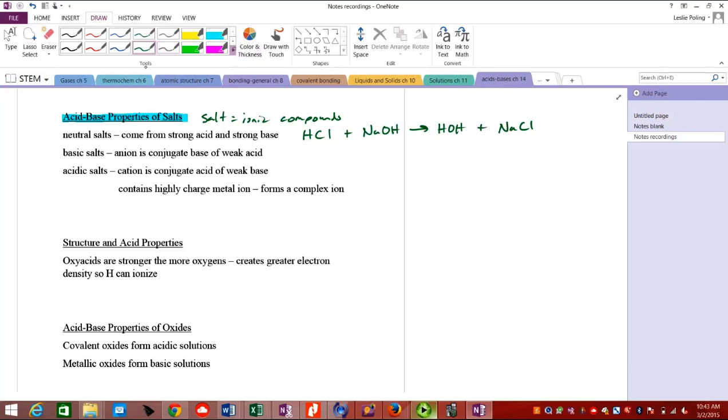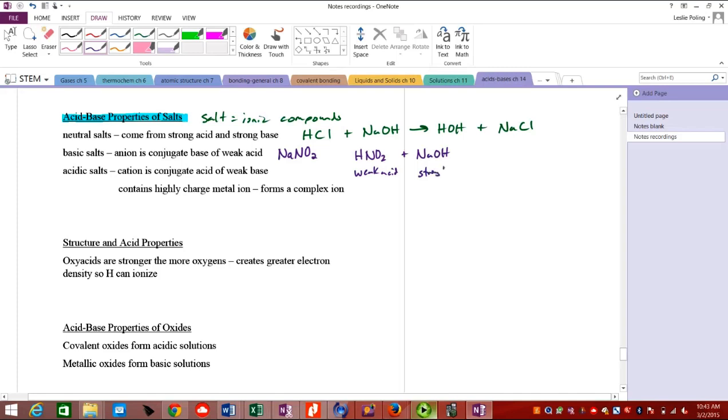So let's look at one. NaNO2. So it could come from HNO2, a weak acid, plus NaOH, a strong base.